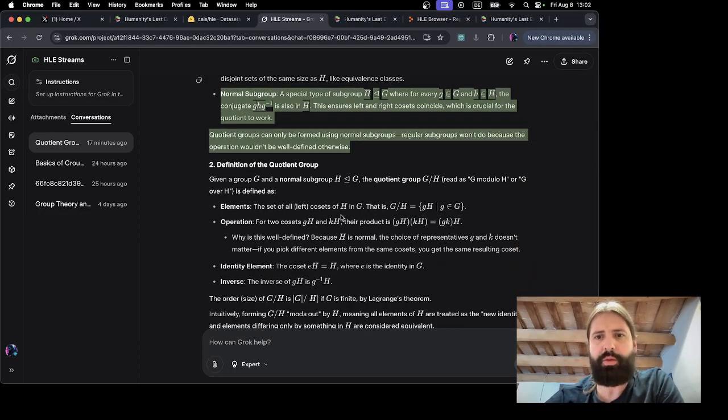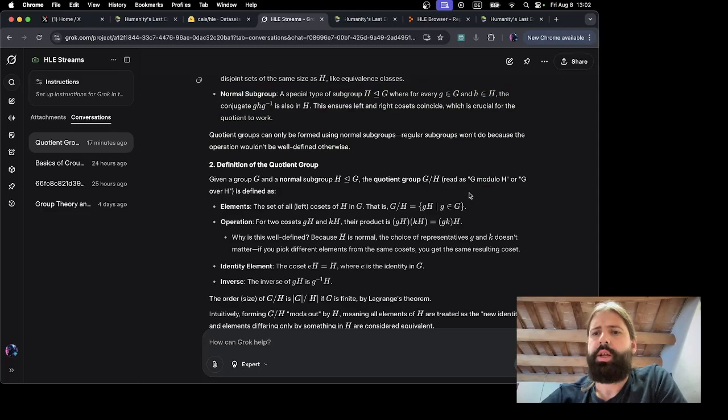So given a group G and a normal subgroup H, the quotient group G over H, G modulo H, is defined as the set of all left cosets of H in G. The operation for two cosets gH and kH, their product is the coset of the product gk.